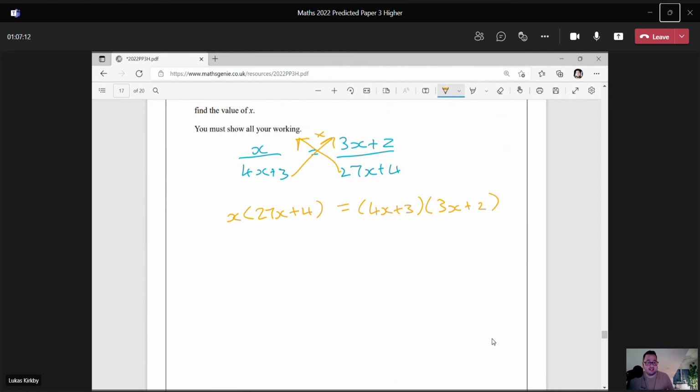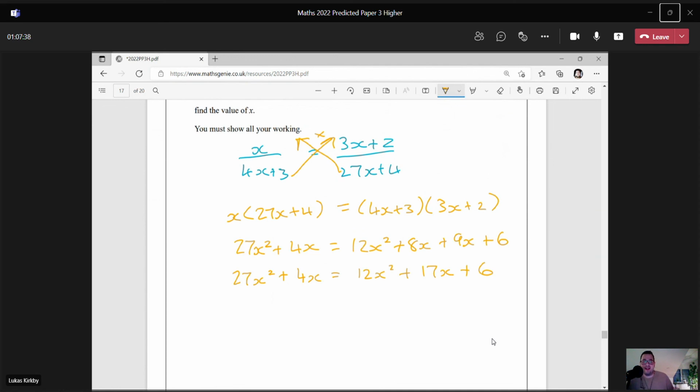Next step, we're going to expand these brackets. On the left, 27x squared plus 4x. And on the right, we're going to get 12x squared plus 8x plus 9x plus 6. If I simplify that slightly on the right hand side, we get 12x squared plus 17x plus 6.